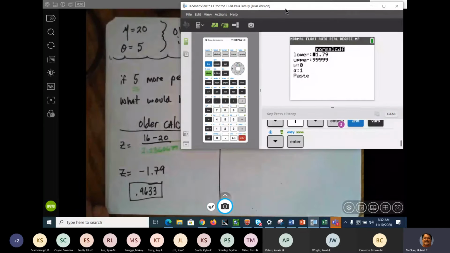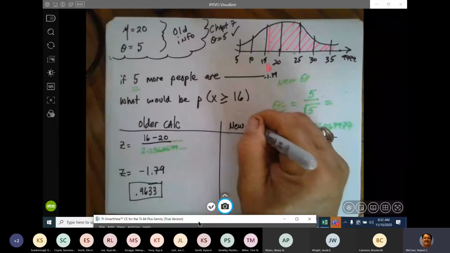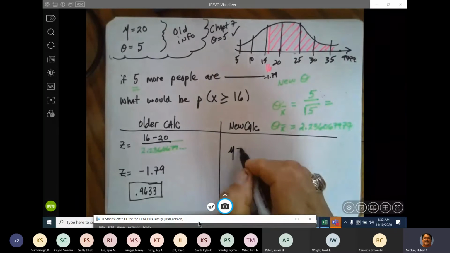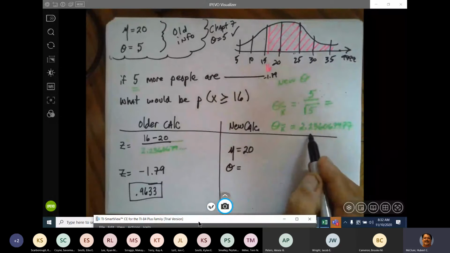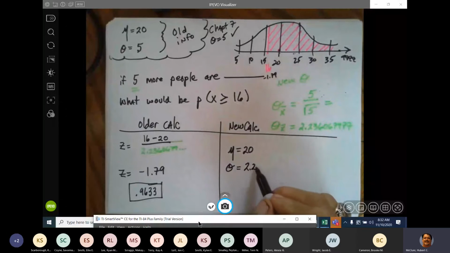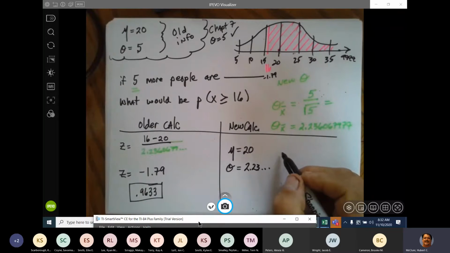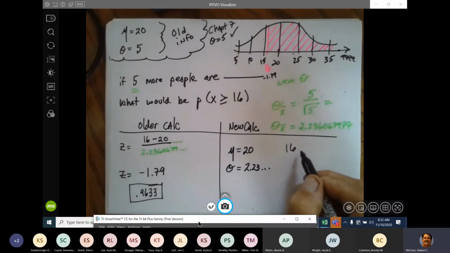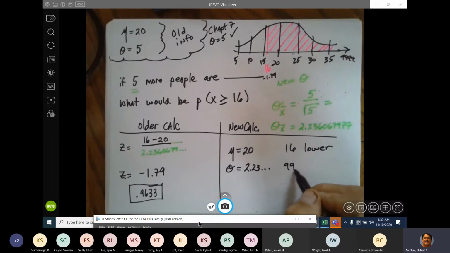If it's a new calculator, you're going to say mu is equal to 20, standard deviation is equal to 2.23 and so on, and then 16 to, lower parameter, and the upper parameter is 9999.